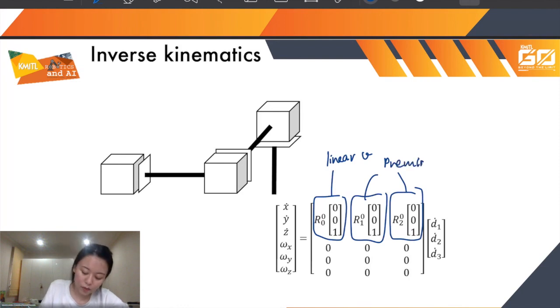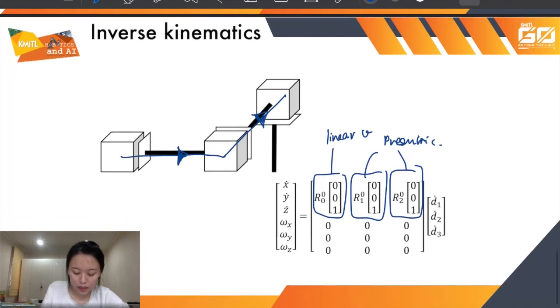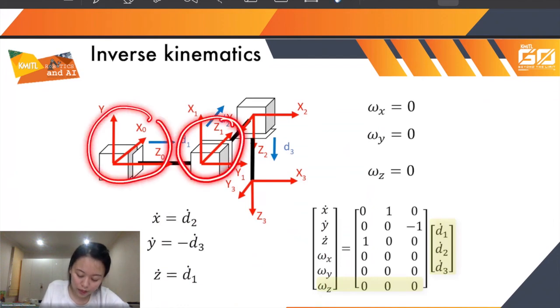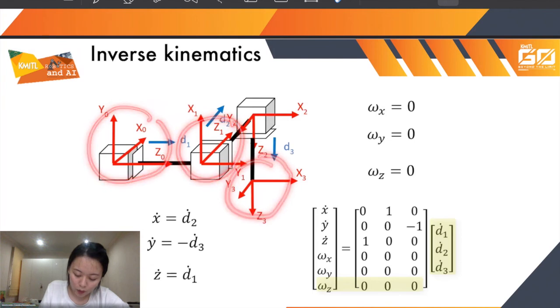And why is it prismatic? Because it moves with linear velocity. You will see more detail in this picture. Here is the axis of the robot, which identifies the rotation more obviously.